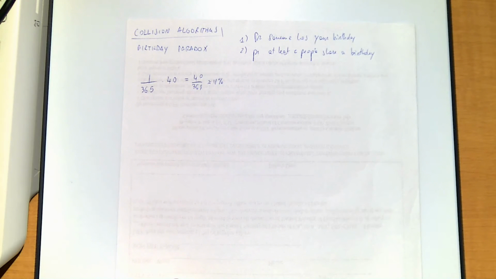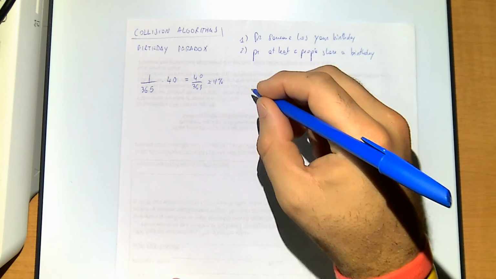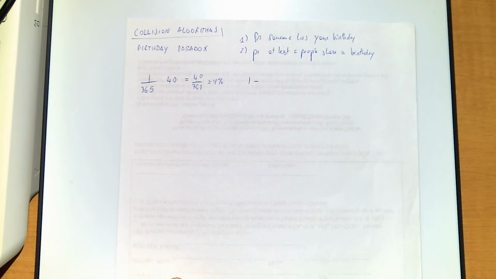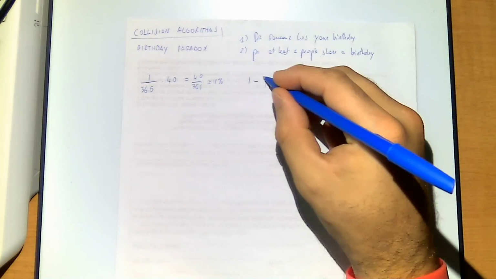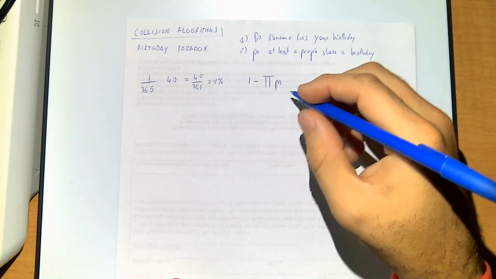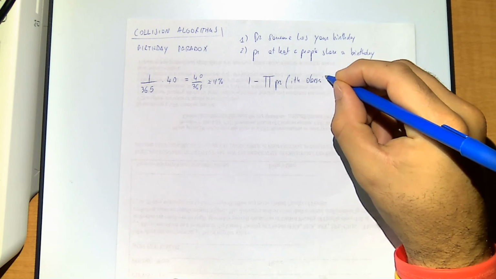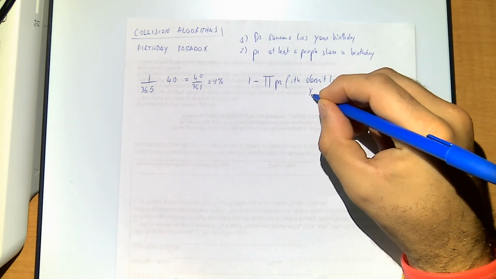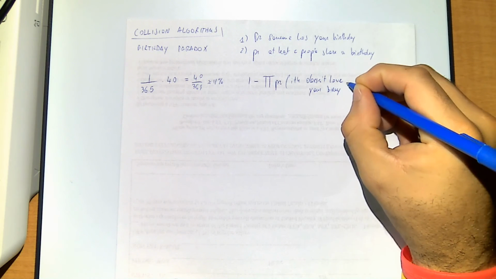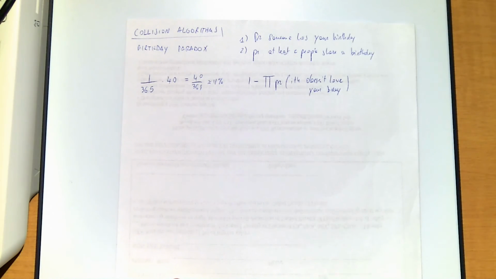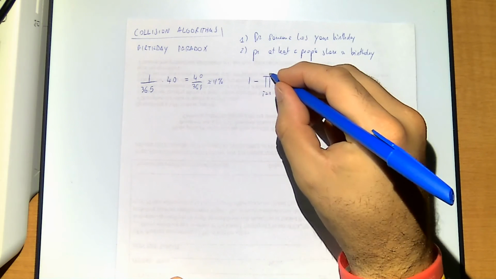So what you could do instead, to be precise, is to count 1 minus the probability that no one shares your birthday. So it's 1 minus the product of the probability that the ith person doesn't have your birthday, for i from 1 to 40.